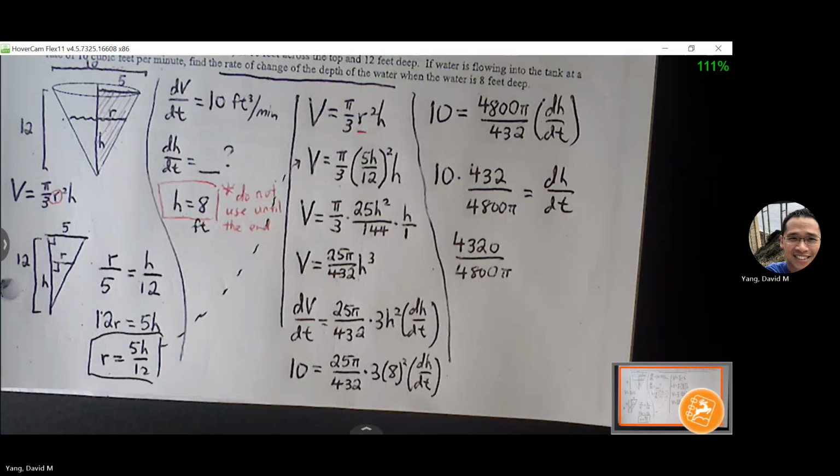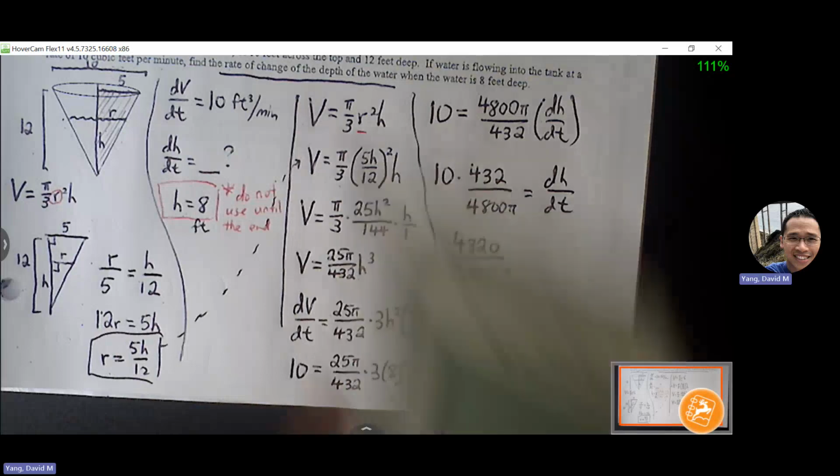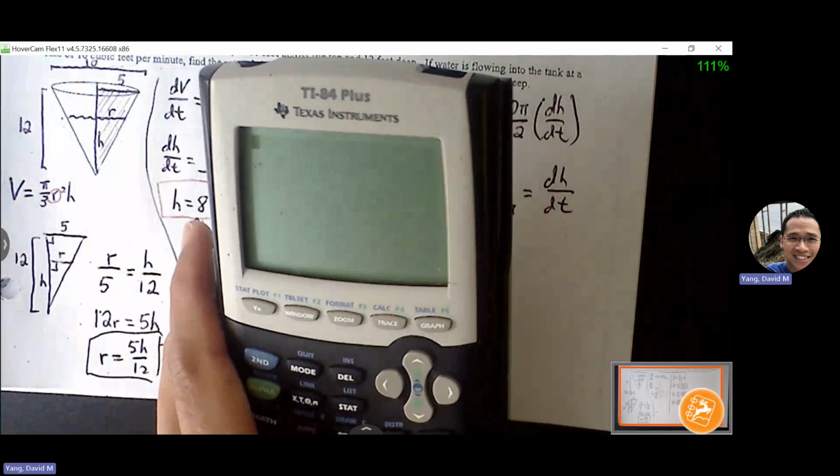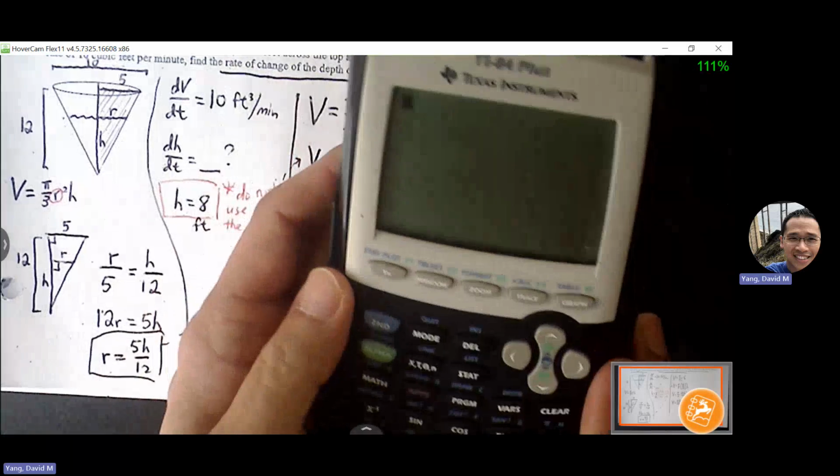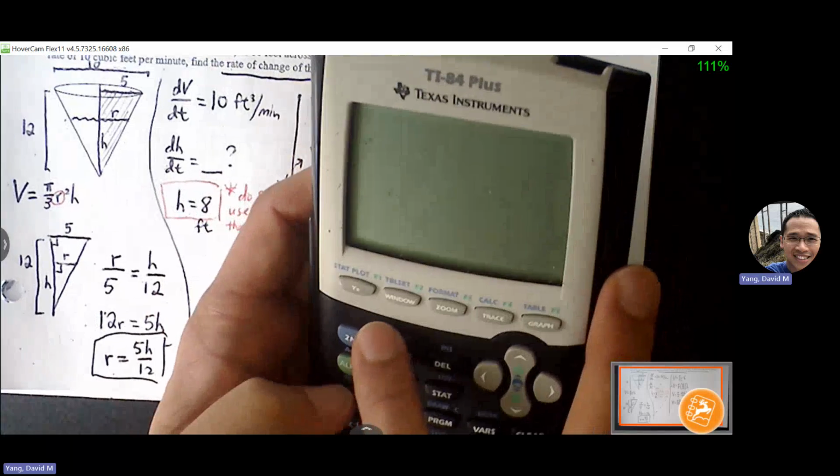If you're using a 36 Pro, there's the fractional button that you can use. Now, if you're using the TI-84, most of the calculators are new enough where you have this feature.